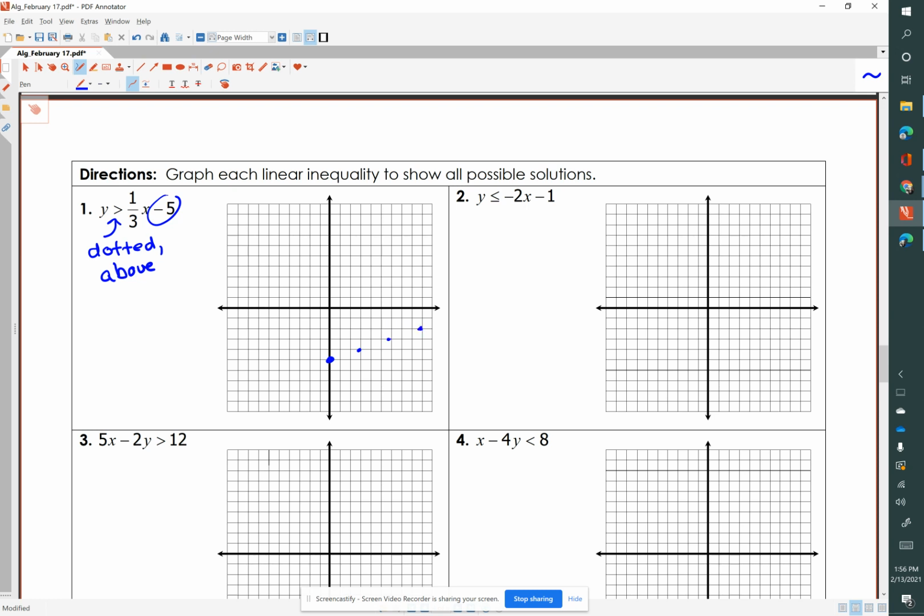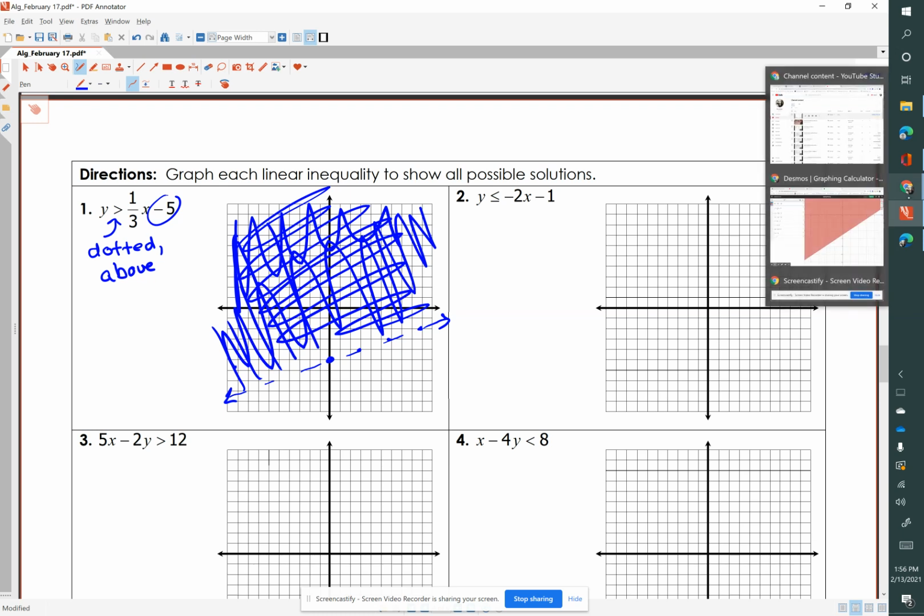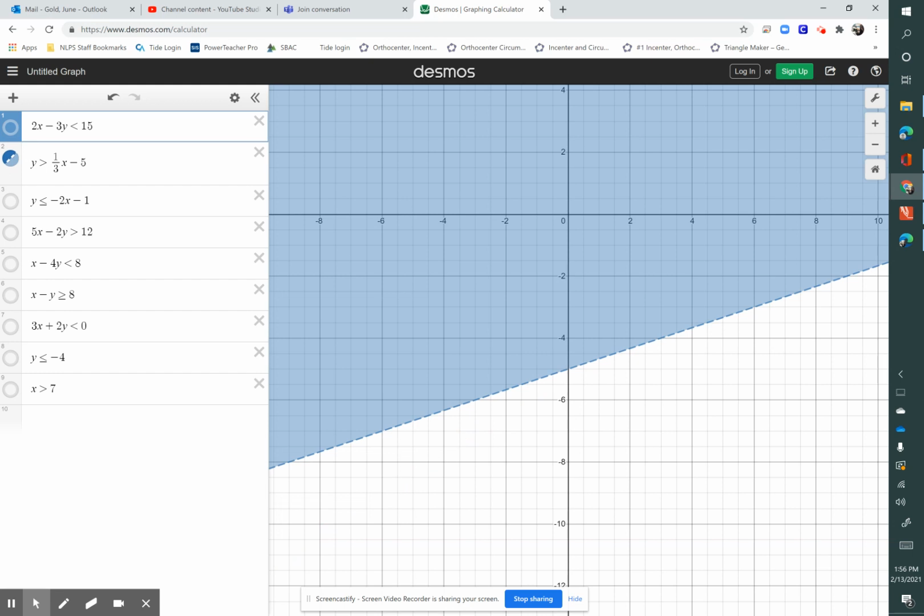Let's put that dotted line in. And arrows, and we will shade above the line. Now, some people shade different ways. You'll have your own artistic way that you do this. Not a very good artist, but it is accurate. Let's compare it with Desmos. And there it is. Much more beautiful in Desmos than my drawing.